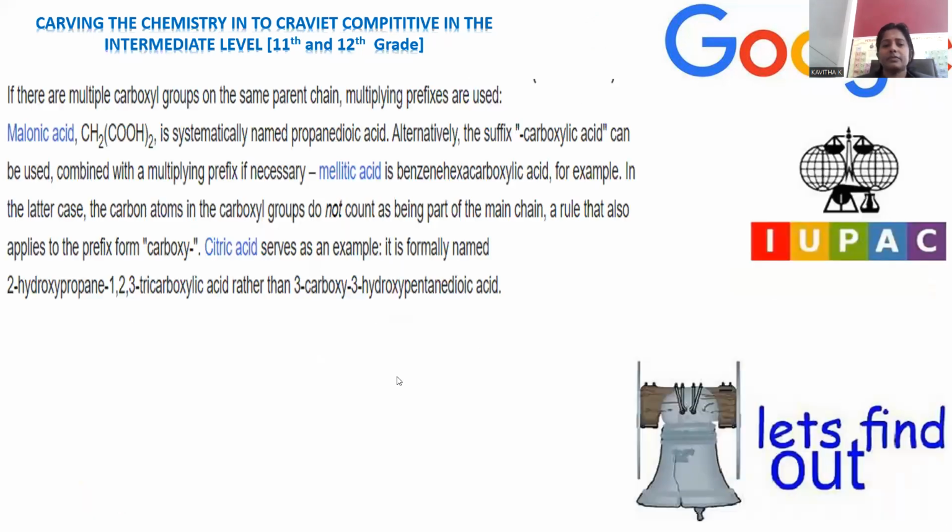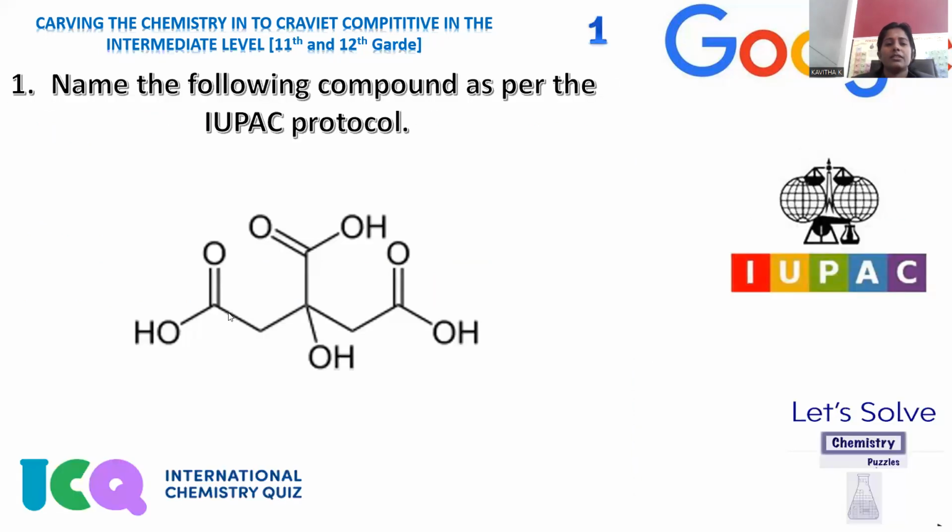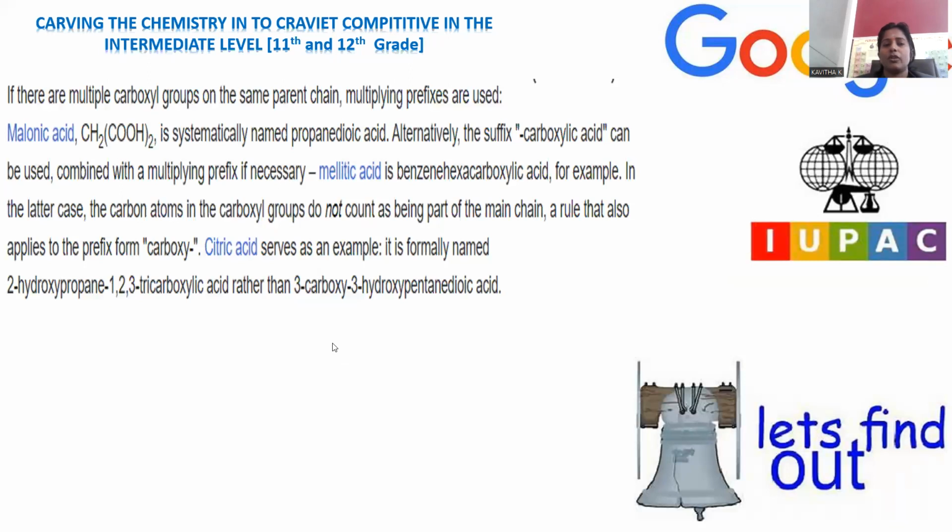We will see. If you have only one carboxylic acid, the general protocol will be alkanoic acid. But if we have multiple carboxylic acids, they are assigned common names like this.